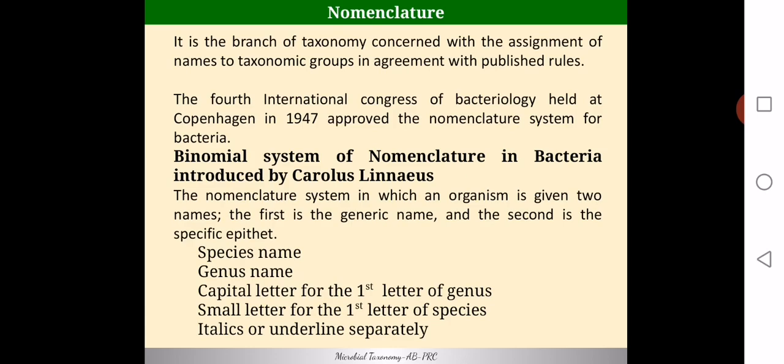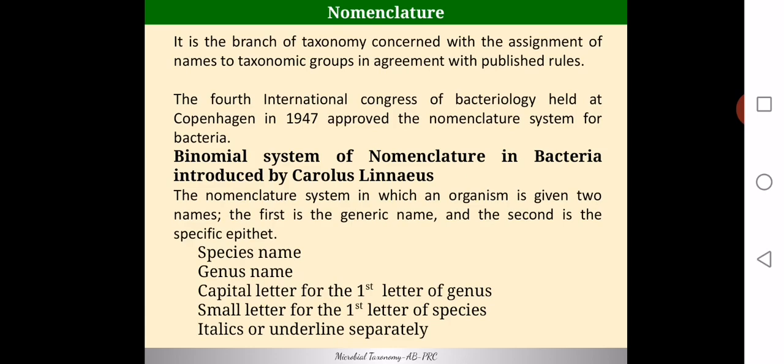In this binomial system of nomenclature, which may be very familiar to you, there are two parts to the name: the genus name and the species name. It starts with the genus name as the first part, and the species name is the second part. The genus name must start with a capital letter, and the species name should start with a small letter.